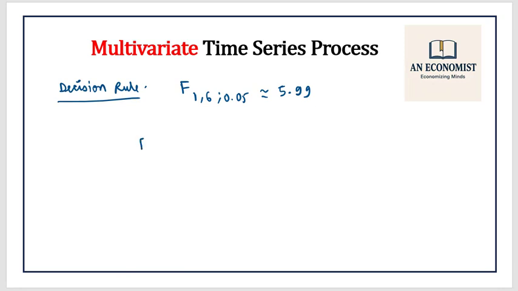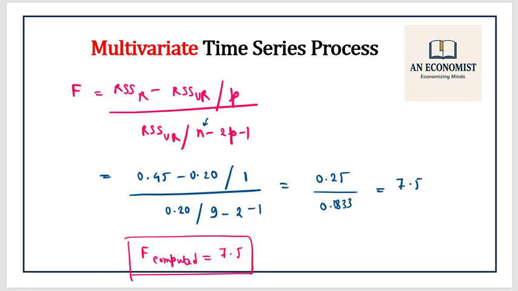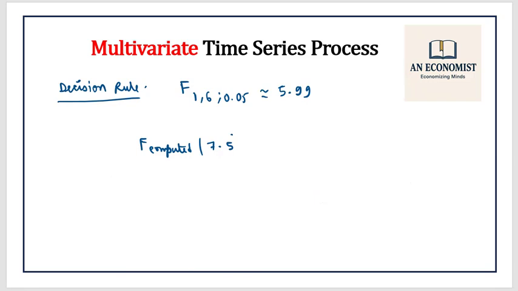So what we see here is that the computed value, which was 7.5, is strictly greater than the F critical value. If computed is strictly greater than critical value, what does this mean? This simply means that we have to reject our H naught.